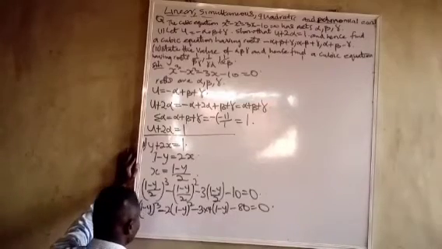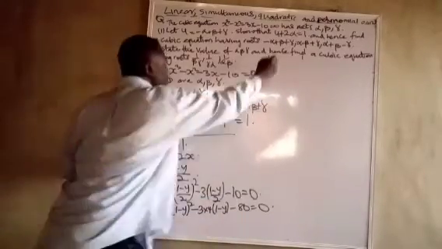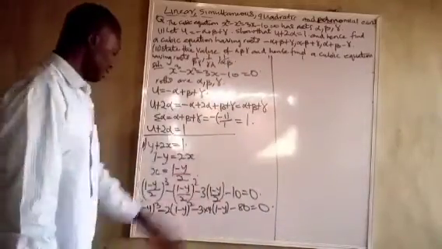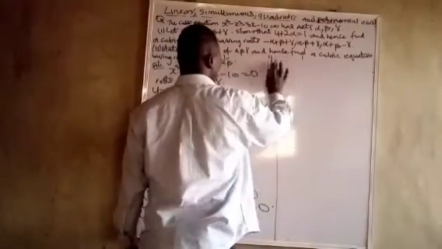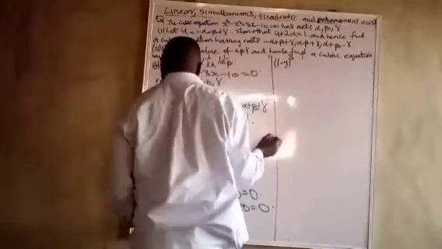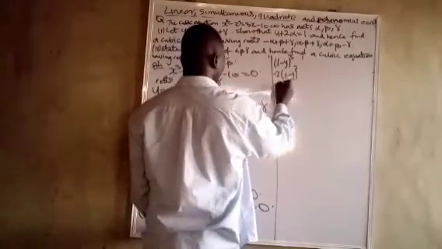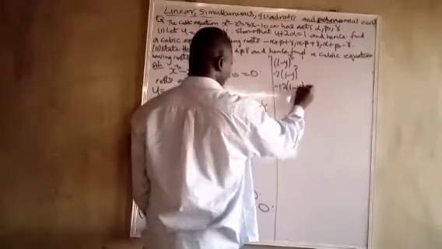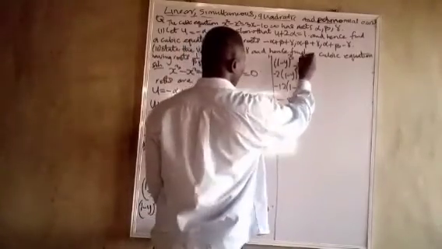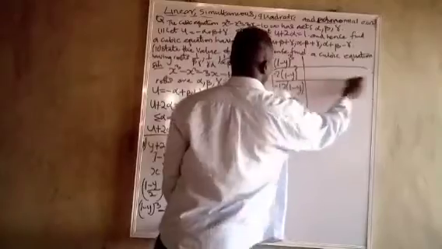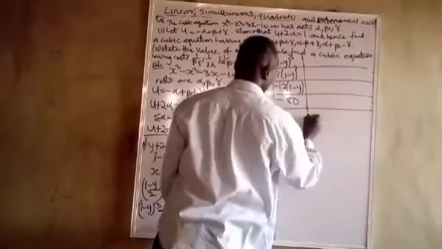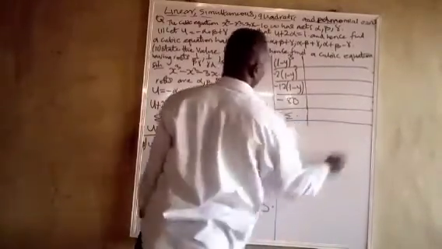Minus 80 equals 0. Then, let me arrange it. I am going to have (1 minus y) cubed minus 2 into (1 minus y) squared minus 12 into (1 minus y) minus 80. So for ease, that's why I'm doing this summation.